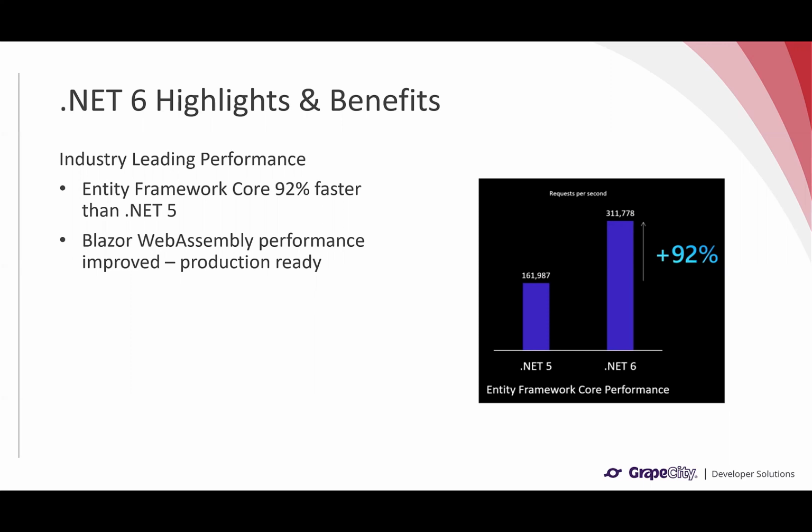So with .NET 5, we saw some areas of performance enhancements, specifically with JSON serialization and sockets. But .NET 6 has a lot more focus on improving performance, specifically with Entity Framework. According to Microsoft, .NET 6 is now 92% faster than .NET 5 with Entity Framework. And that's for all of your data management.